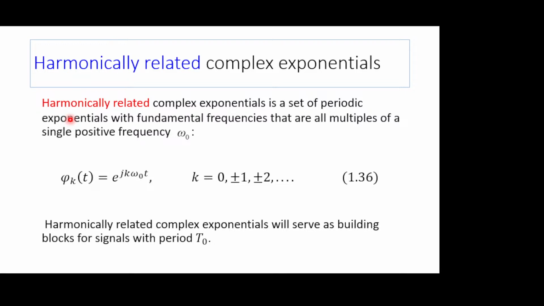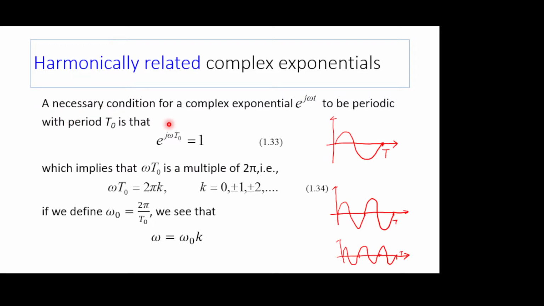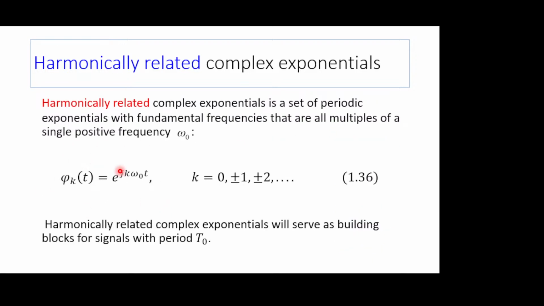Anyway, this will be an important concept when we study periodic signals with some period T. A spoiler for the later part of the course: whatever signal has period T, maybe a signal with a really weird shape, can always be decomposed into a sum of those harmonic complex exponentials, e to the j k omega t with all the different k.